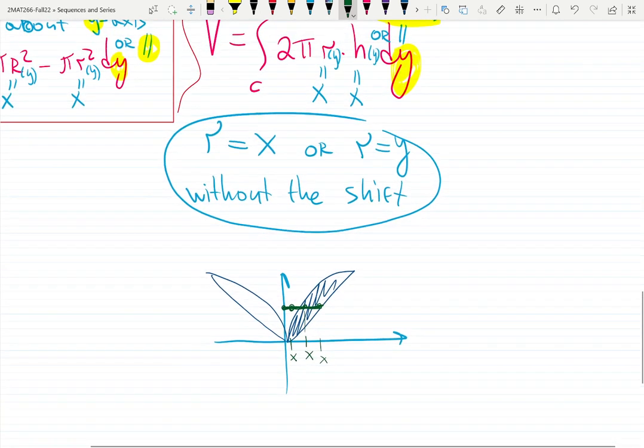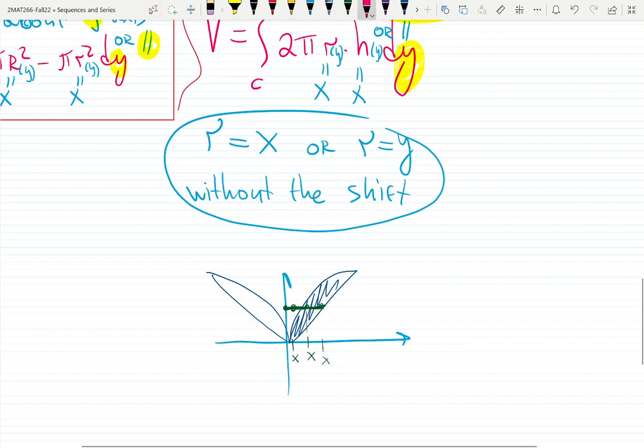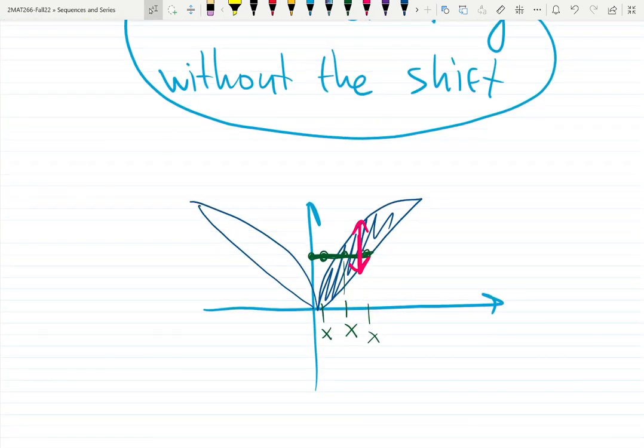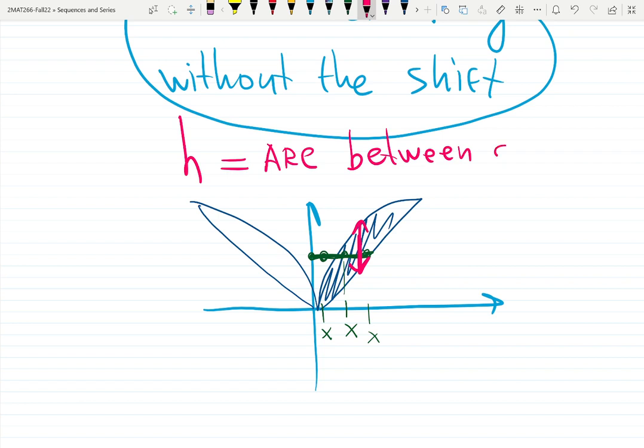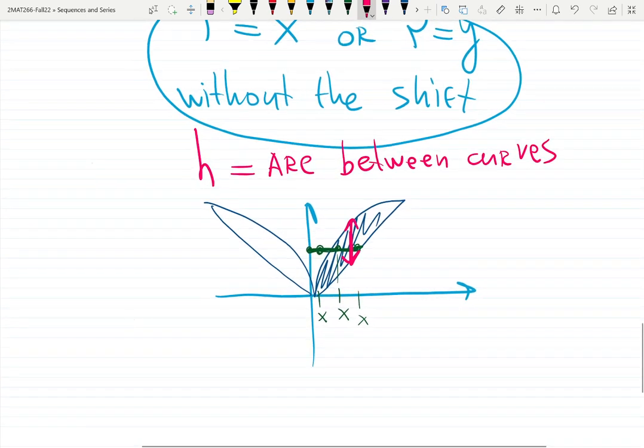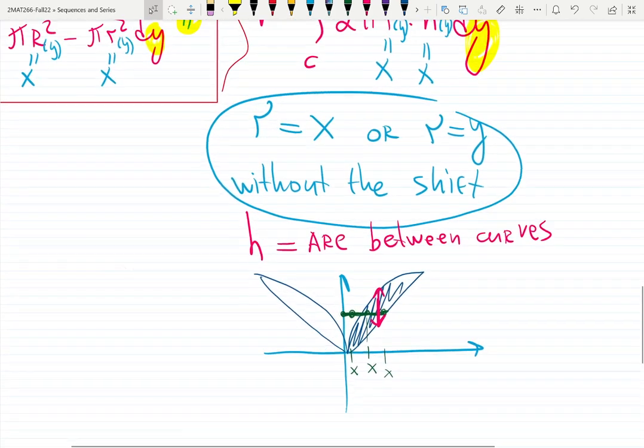So that's how we're doing it. However, the h is the area between graphs. That's the one that is top minus bottom or right minus left. You have to practice those problems to make sure you understand that. So h is area between curves or graphs, while r is the radius.